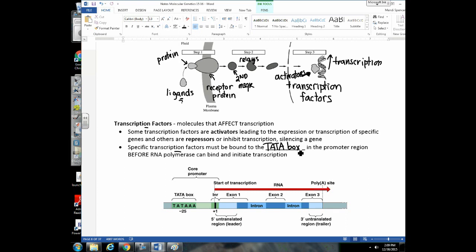I want to make sure you understand the TATA box is within the promoter region. So this whole area before the gene is called the promoter region. And within the promoter region, we have the TATA box. So let's show specific transcription factors being bound to the TATA box. And let's label them. These are the transcription factors.